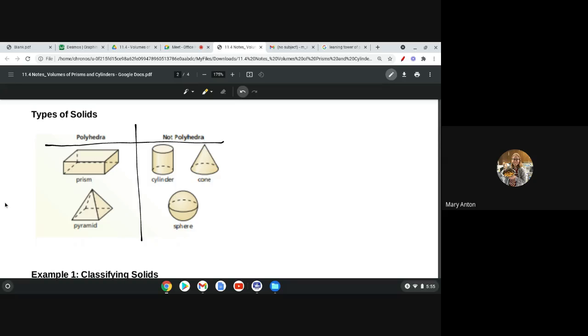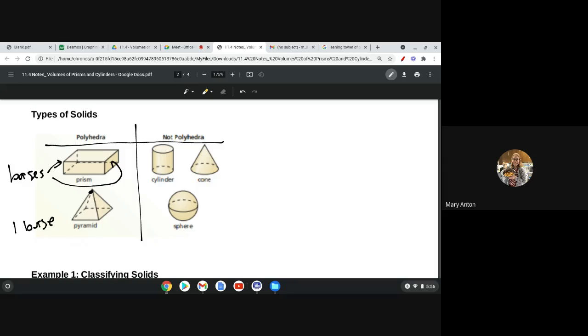Prisms are where both bases, the bases are like this side that we can't really see and this side here, they're both polygons. Like these are both rectangles. And a pyramid has one base, and then the other base is not a base, it meets at a point.